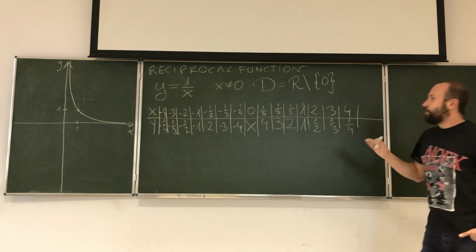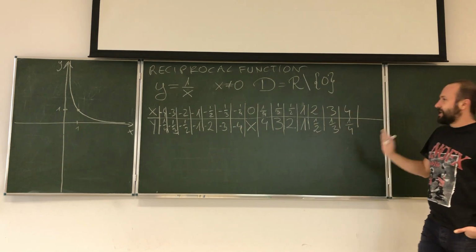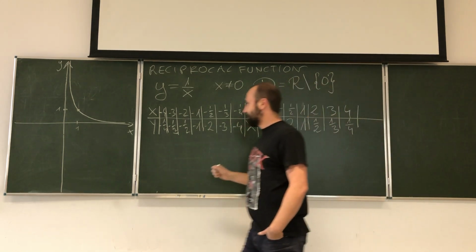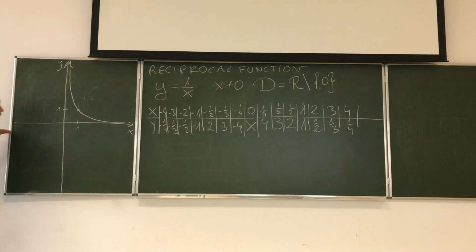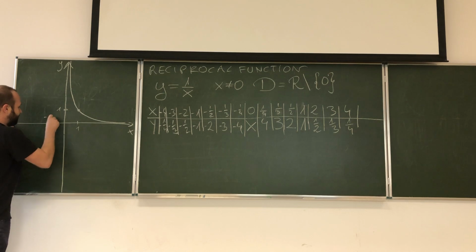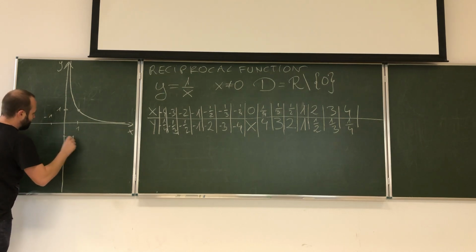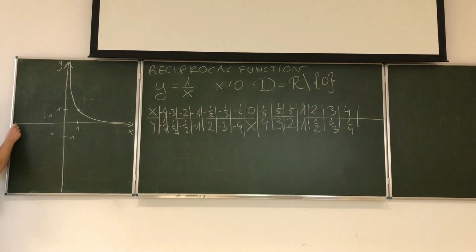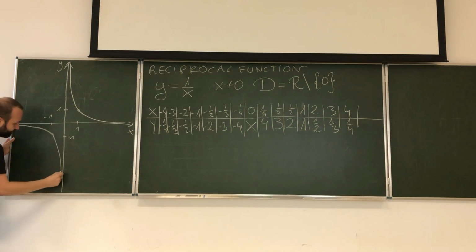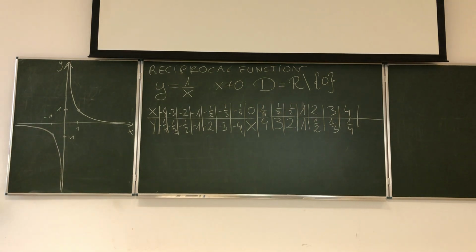So look, we will get exactly the same shape, but it will be over here. So if I put negative 1 over here and negative 1 over here, the shape I should obtain looks like that.